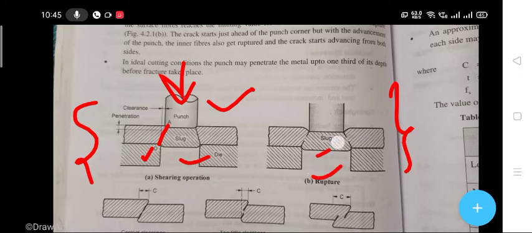There is a slag, and the crack starts just ahead of the punch corner, but with the advancement of the punch the thin inner fibers also get ruptured and the cracks start advancing from both sides.